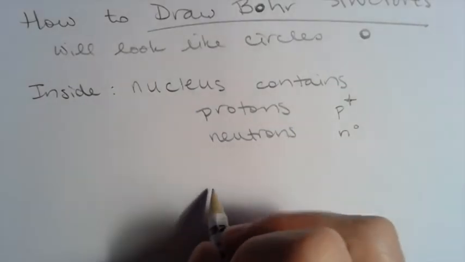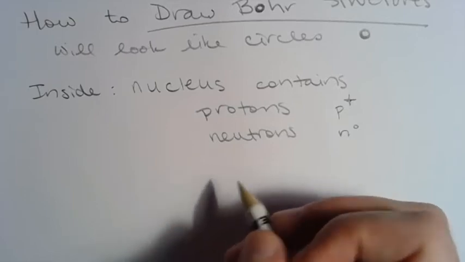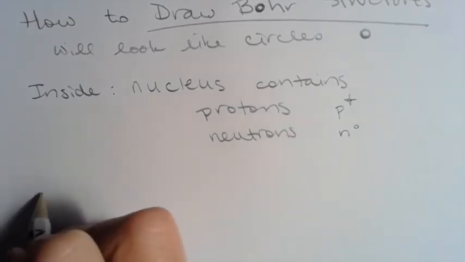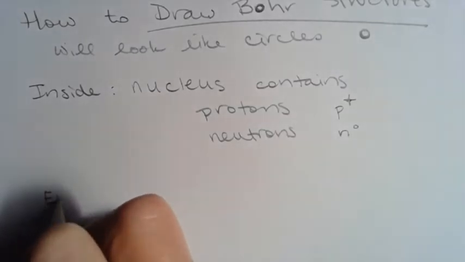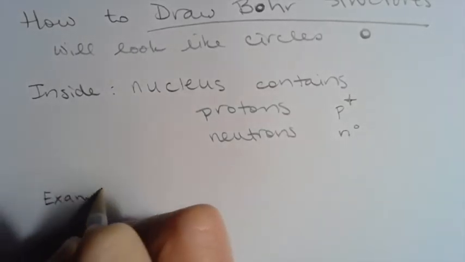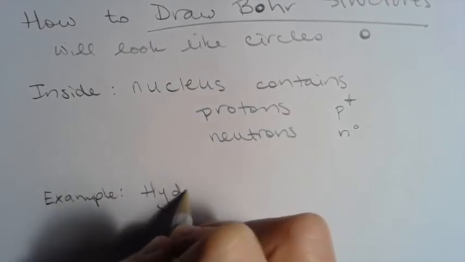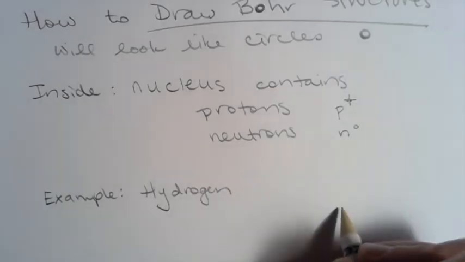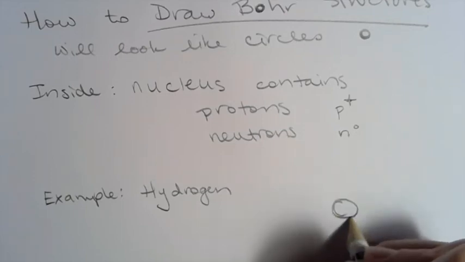On the very inside, let's choose an atom without that much. Let's draw hydrogen first. So, example, hydrogen. On the inside of our hydrogen is our nucleus. Nucleus inside.